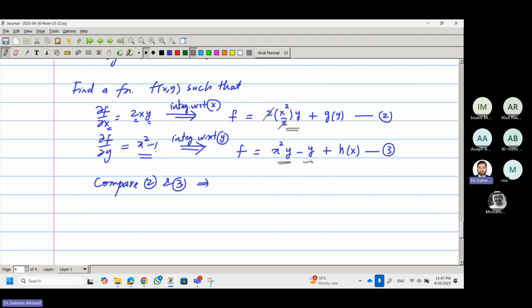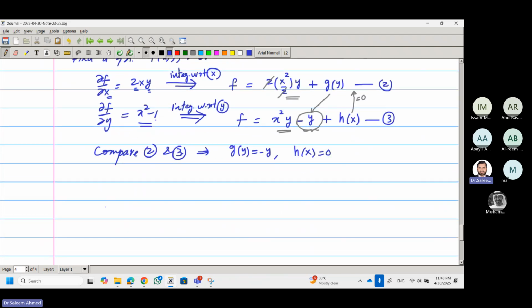This is only a function of y, so it means g(y) should be this. And there is no function with h(x), so it means h(x) should be 0. Because if there is any x term I would call it h(x), but there is no h(x). So if I compare, my g(y) should be equal to minus y and h(x) should be equal to 0. Now they both will give me the same function.